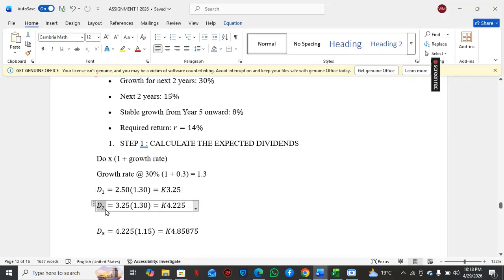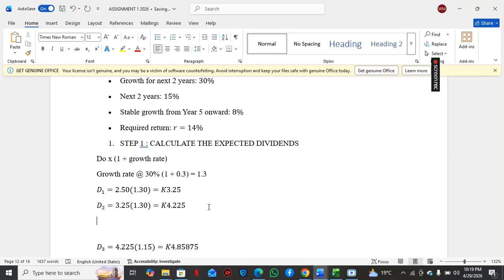We go to year two. The dividend you calculated for year one, you multiply it by 1.3. You get 4.225. This is the expected dividend for the second year. Now, the growth rate changes because we said 30% for 2 years.